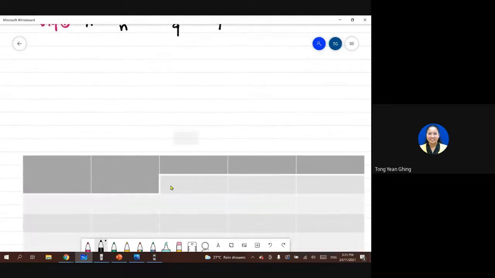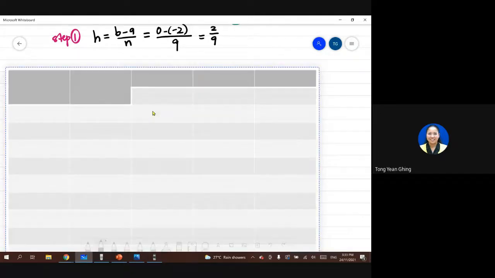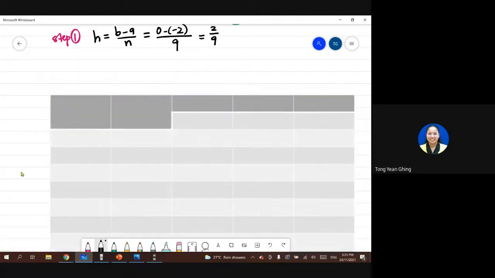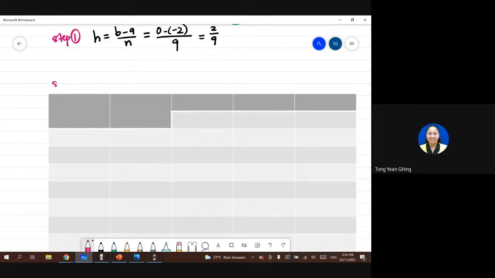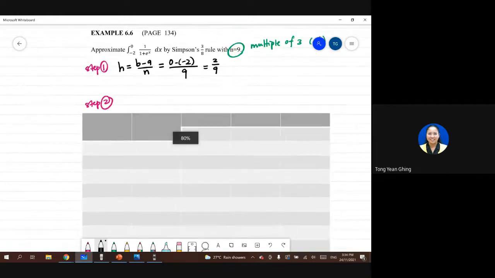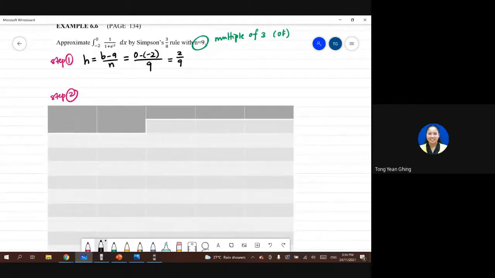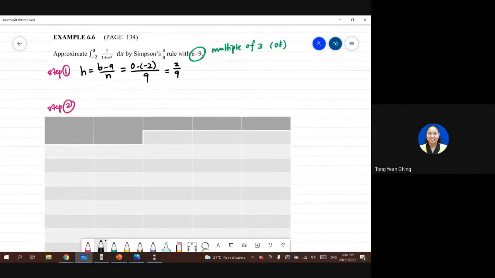Inilah table. So let's draw the tables. Step 2. So the table. Salin soalan. So here we have to put, okay, this is I, this is XI.